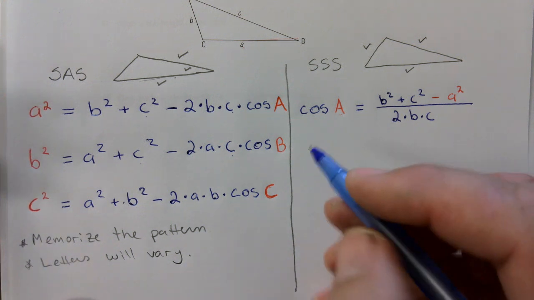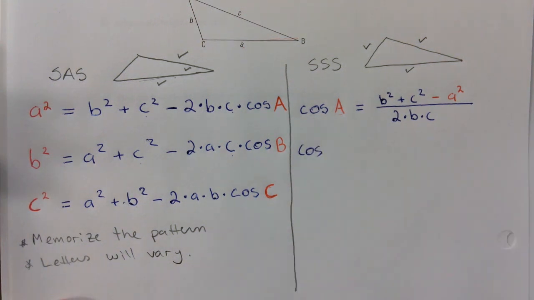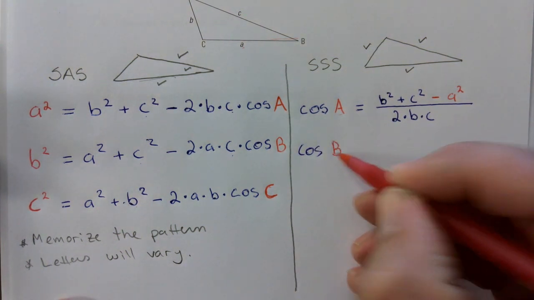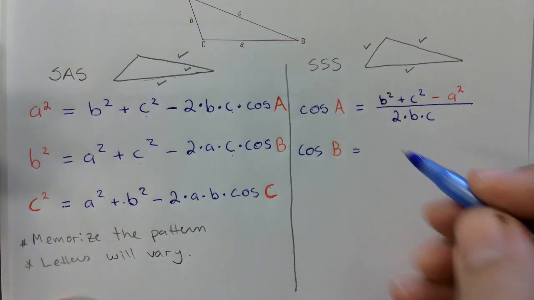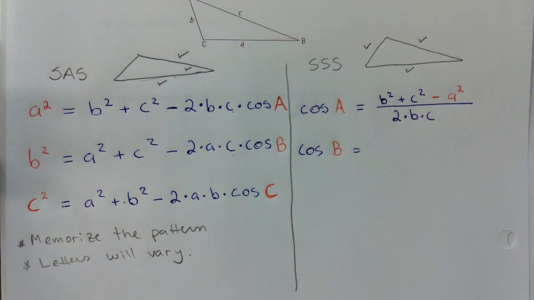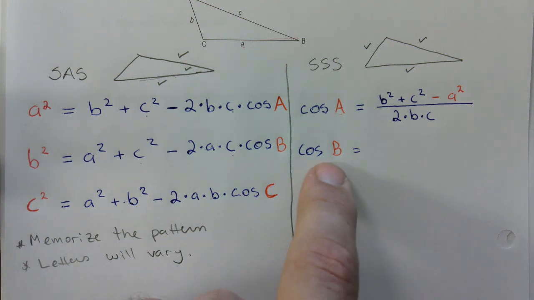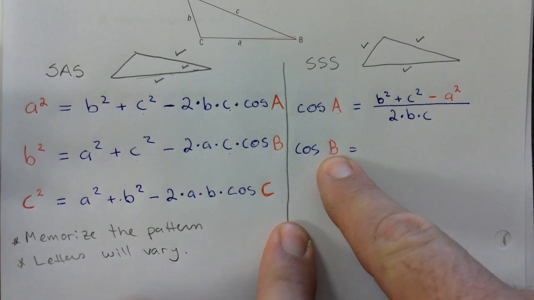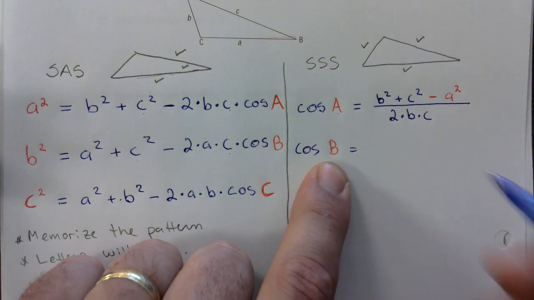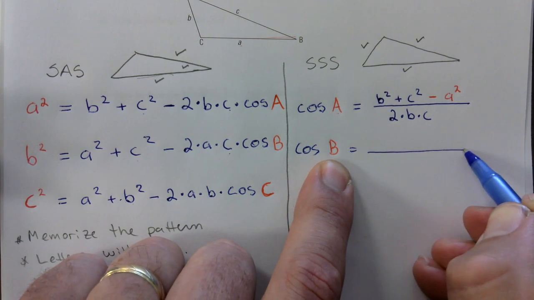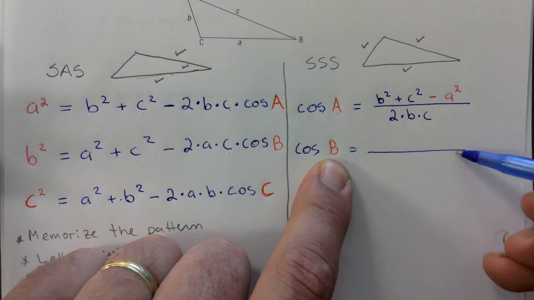Okay. Next one is going to be cosine of angle B is equal to, let's see, now you should be getting pretty good at this. It's angle B. So what do I know? What's going to be at the end here?